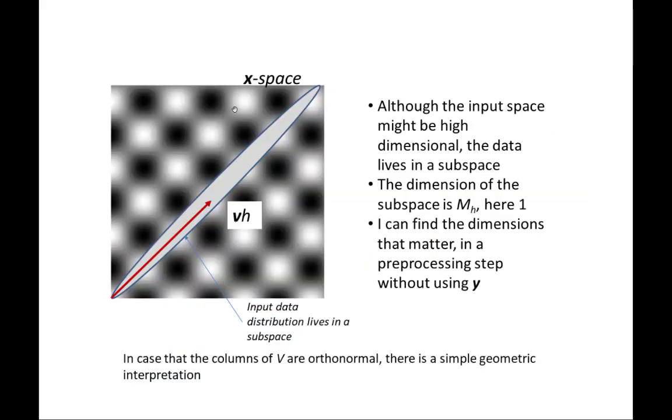So here's an example. The data is in 2 dimensions. The map itself is quite complex, but if the data is only on this 1-dimensional ellipse, then this is really the dimension which matters, and we don't really have to model all this stuff outside of this manifold.